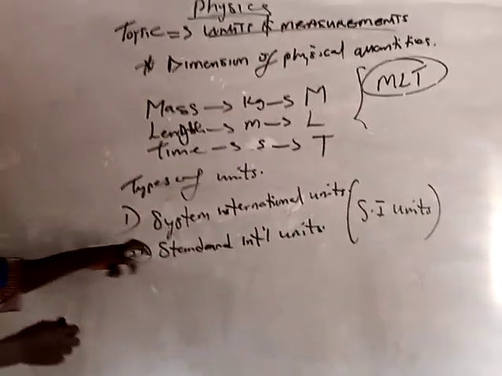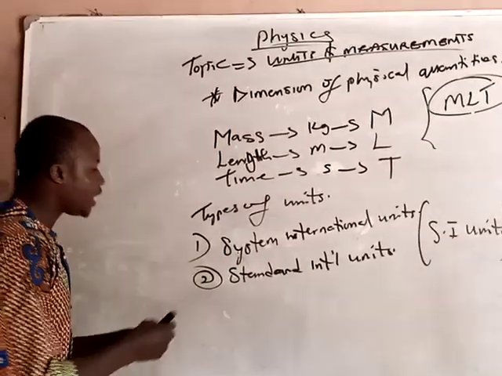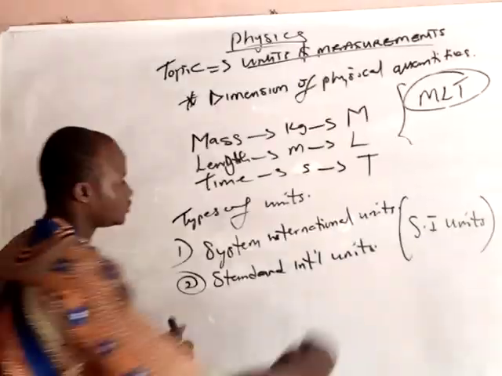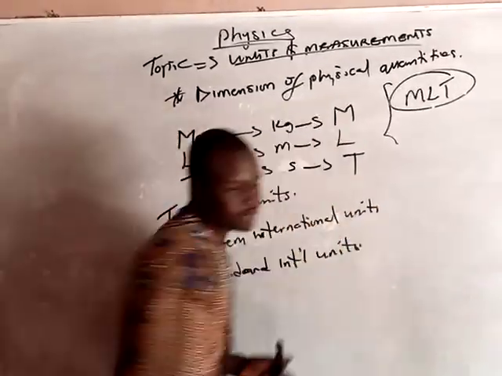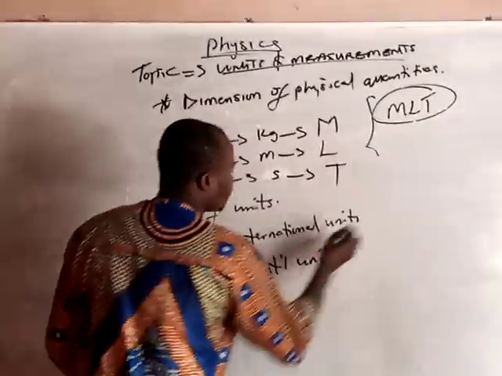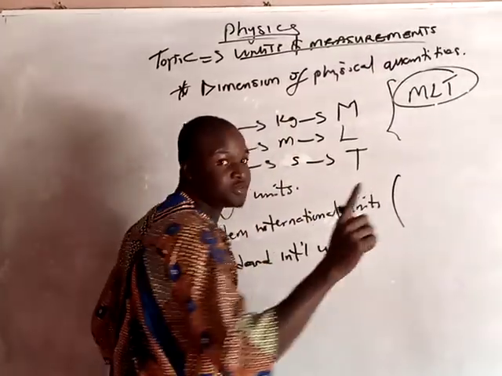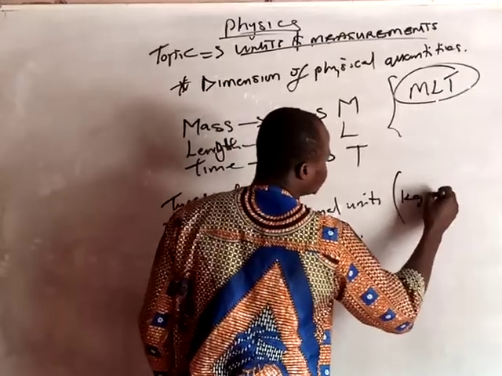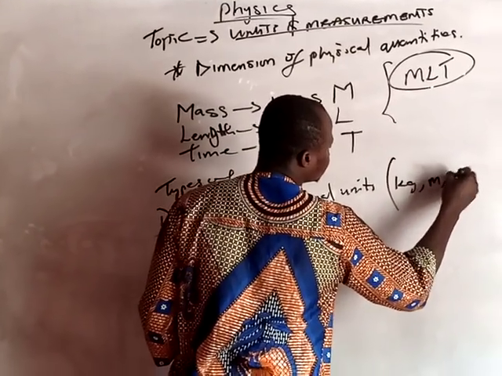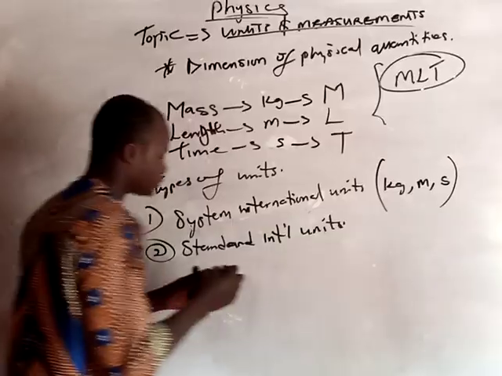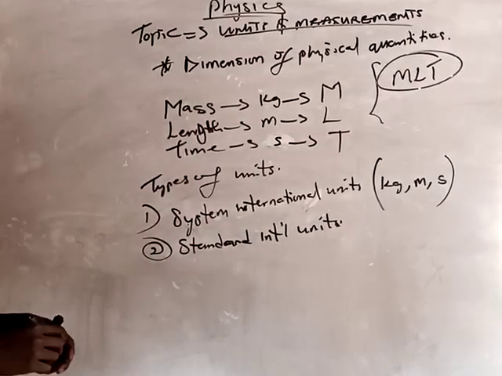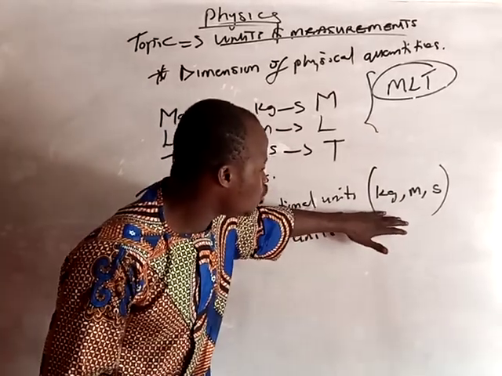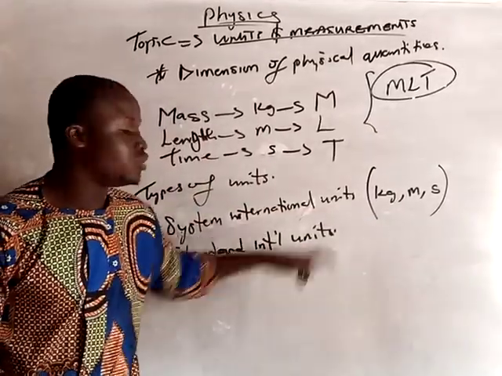In System International Unit, the units we make use of are kilogram, meter, and seconds. These are the units they are using in System International Units currently.